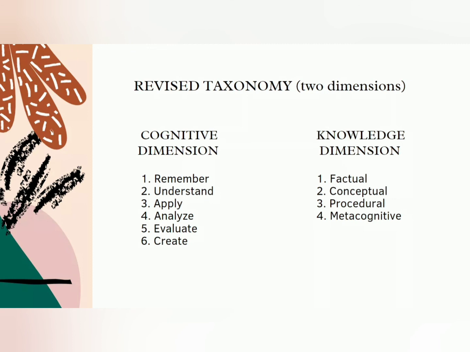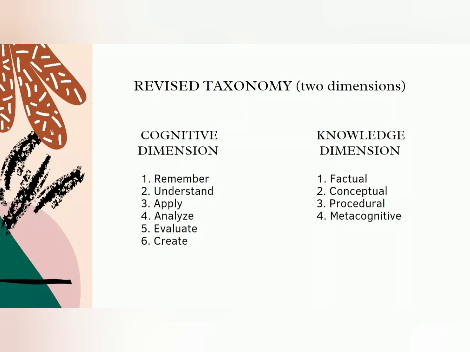The knowledge dimension of the revised taxonomy was based on the subcategories of knowledge in the old taxonomy that I discussed earlier. In the cognitive dimension, the revised taxonomy is: first remember, second understand, third apply, fourth analyze, fifth evaluate, and the last is create.